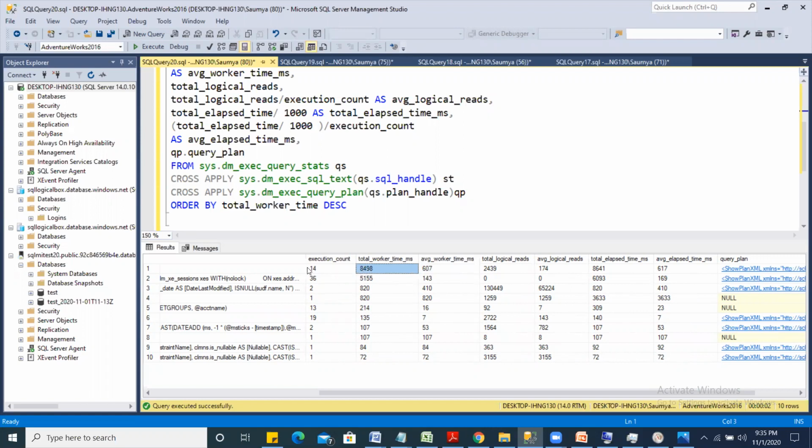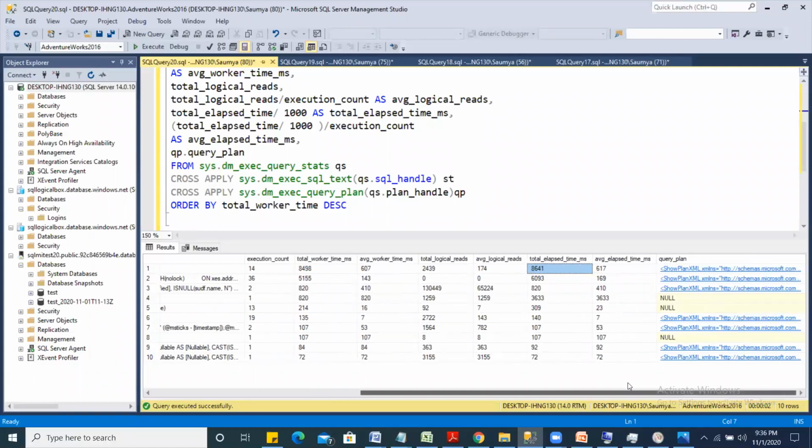If you divide this by 14, you will get the average worker time, since it was executed a total of 14 times. Then how many logical reads have been performed against that query; that is again the average if you divide it by 14. What was the elapsed time? Elapsed time is related to your parse time, compile time, and execution time, these three things. But worker time is only related to the core execution of the query, right?